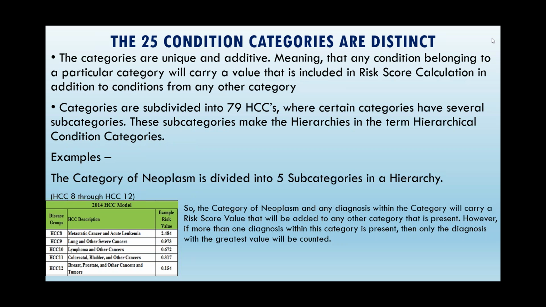And HCC 12 is breast, prostate, and other cancers and tumors. So the category of neoplasm and any diagnosis within the category will carry a risk score value that will be added to any other category that is present. However, if more than one diagnosis within this category is present, then only the diagnosis with the greatest value will be counted.